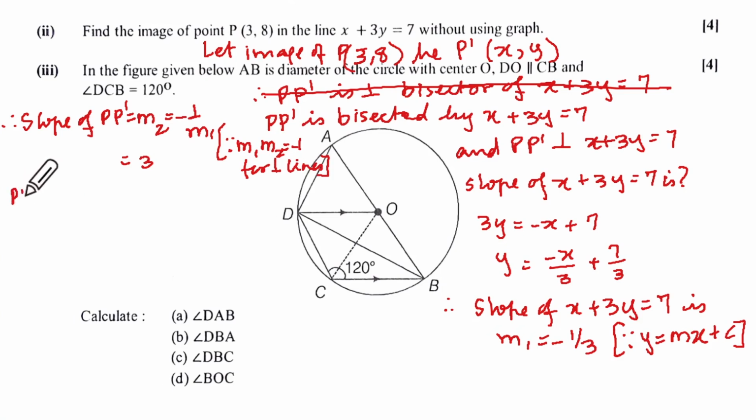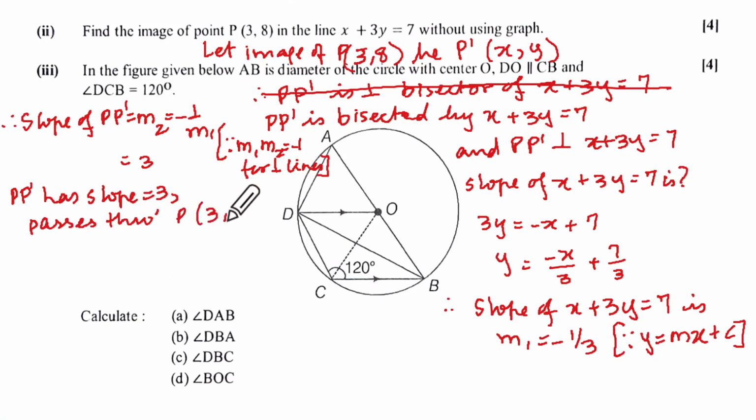Now PP dash has slope equal to 3 and passes through P, which is 3, 8. Therefore y minus y1 equal to m into x minus x1.